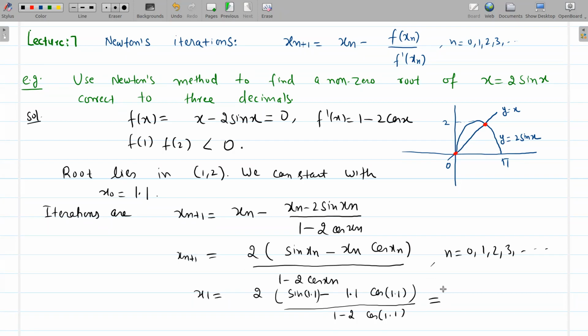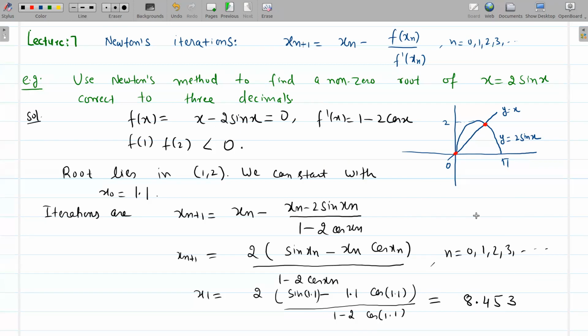This answer is 8.453. The root lies between 1 and 2, and I started with 1.1, so what is the answer? 8.4. So you are going very far away.